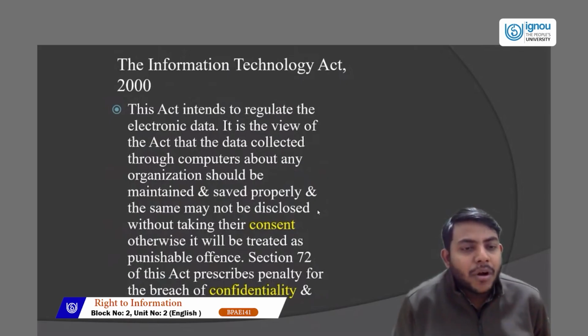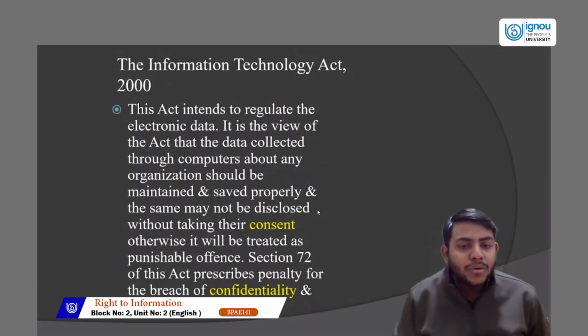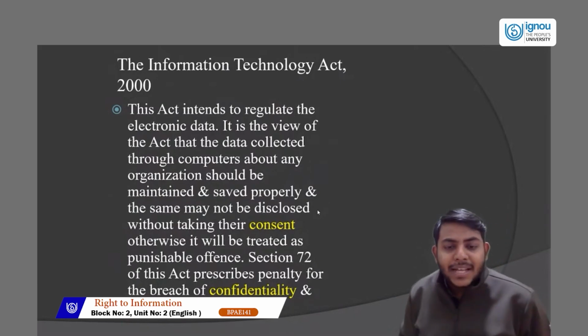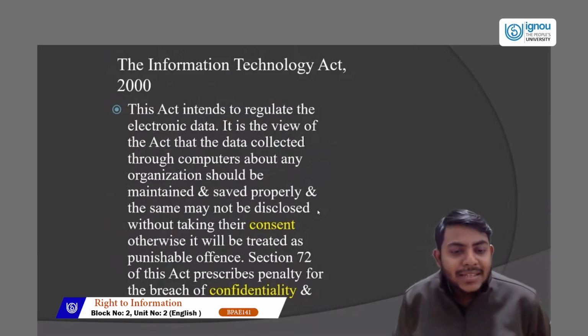From the view of this Act, the data collected through computers about any organization should be maintained and saved properly, and the same may not be disclosed without taking their consent. Otherwise, it will be treated as a punishable offense.